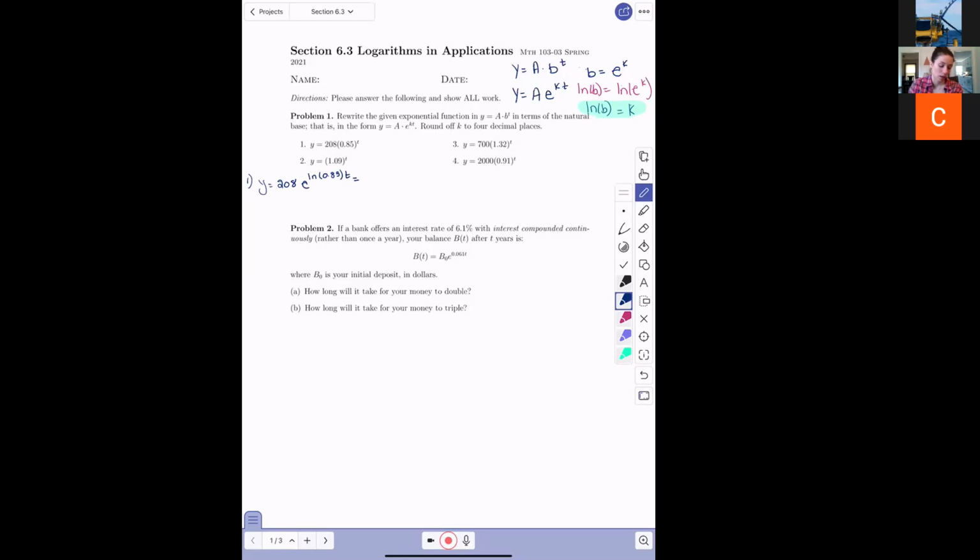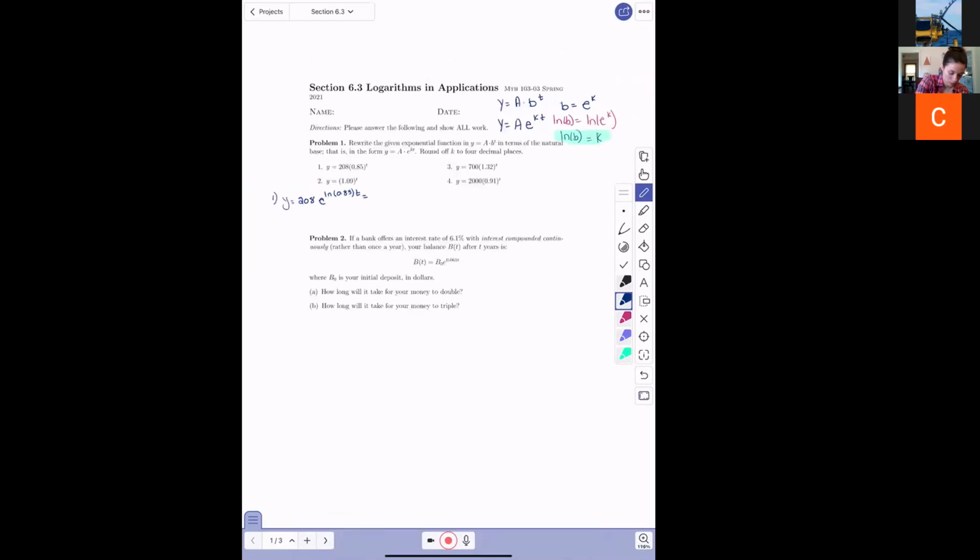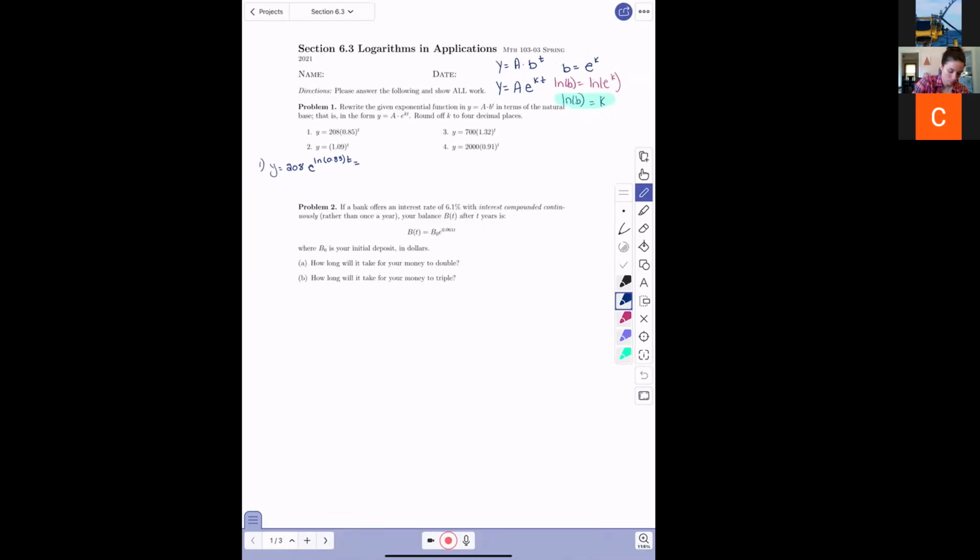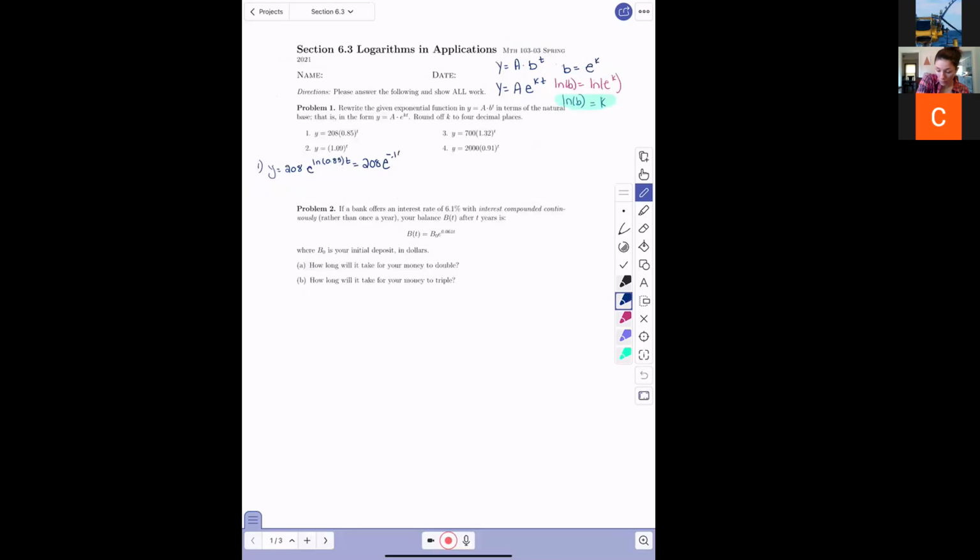And what's the natural log of 0.85? It's 208 times e to the power of negative 0.1625t. So that's your first answer there.